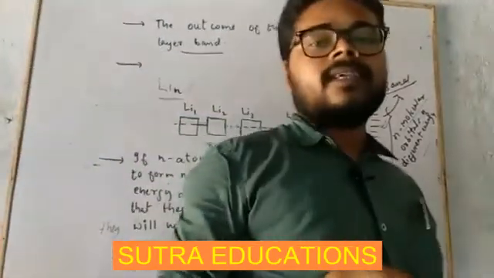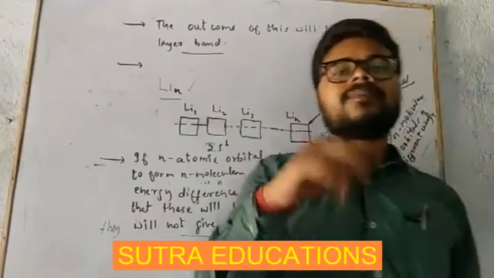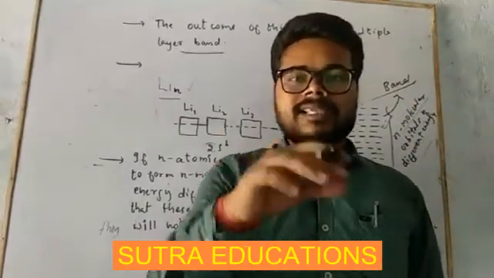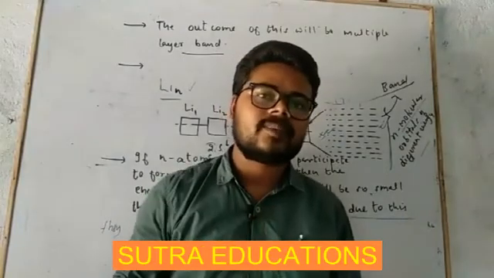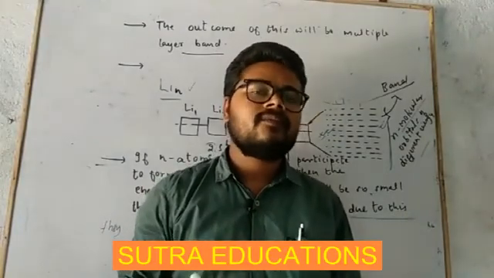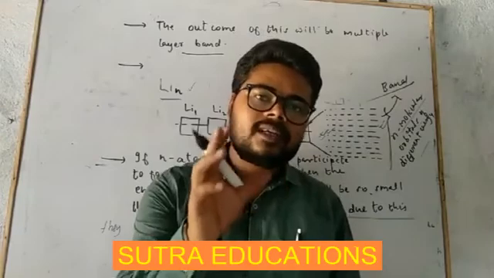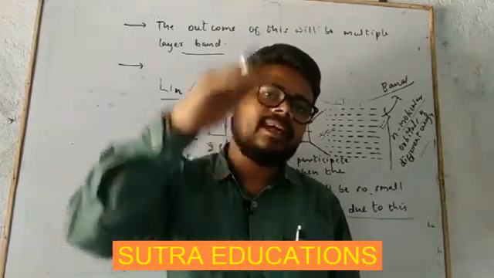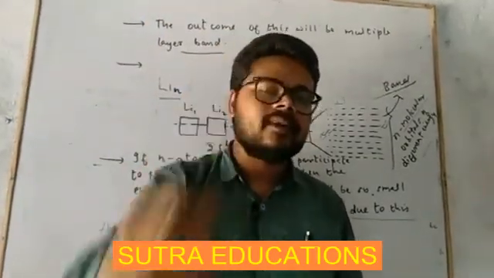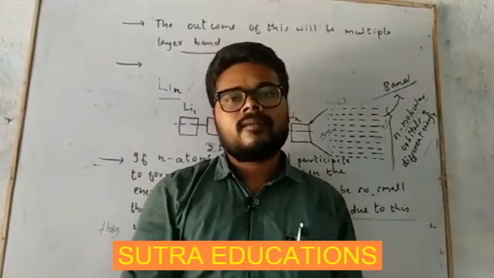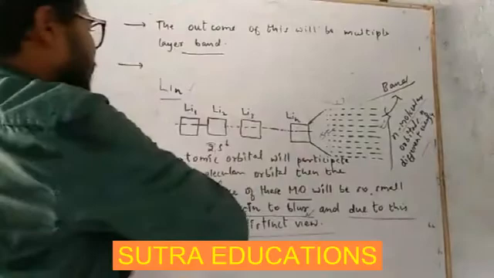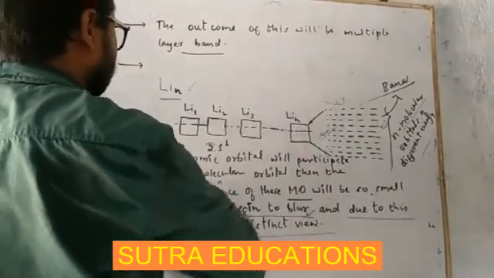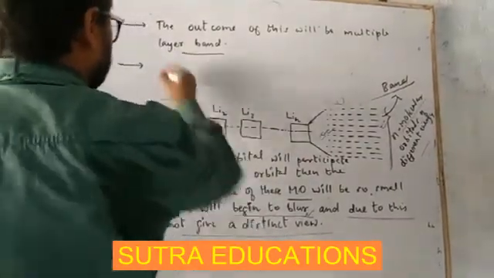So we will write, in case of lithium, if each 2s atomic orbital is combining, then 2s has one electron present. And we know the molecular orbitals formed will be bonding and antibonding. Means we will say here, these are layers of the band.